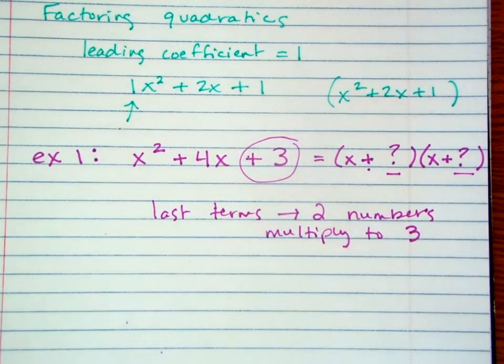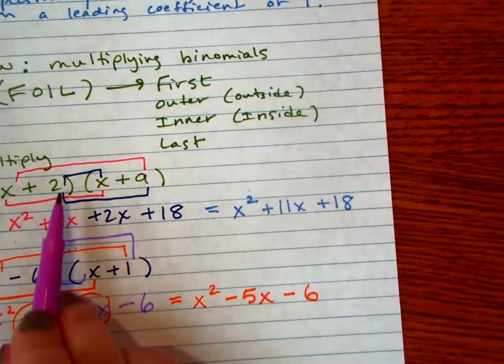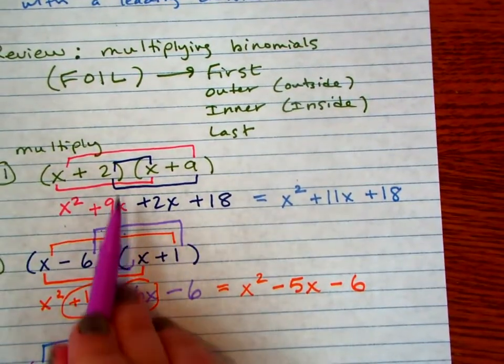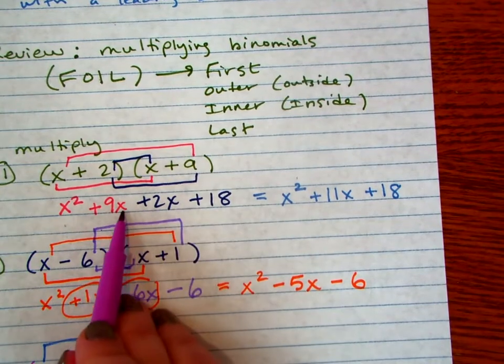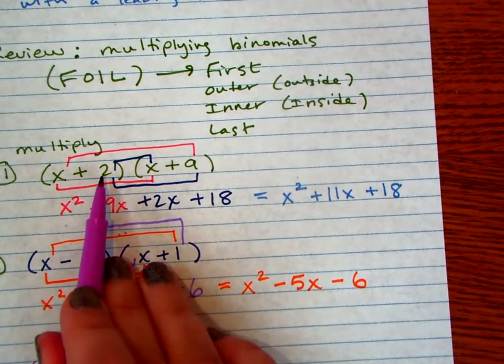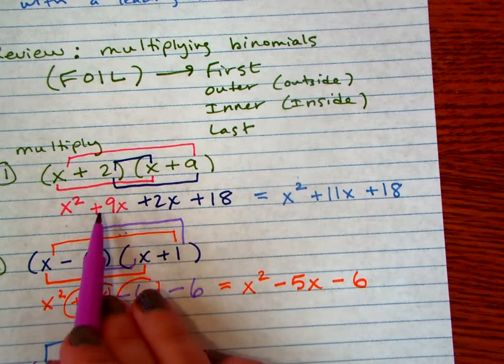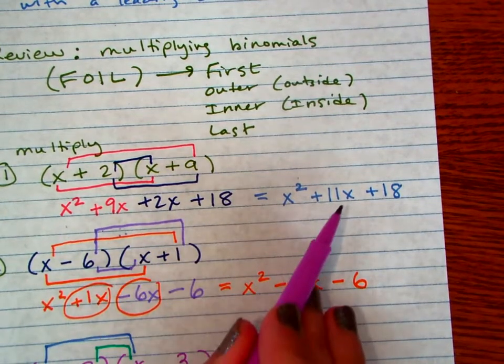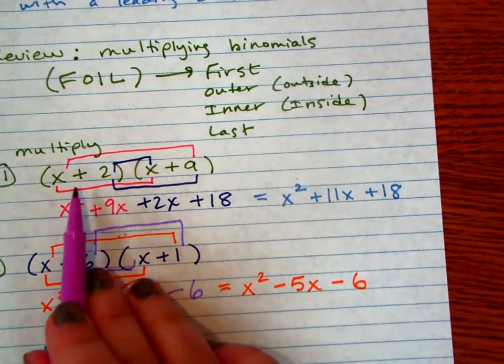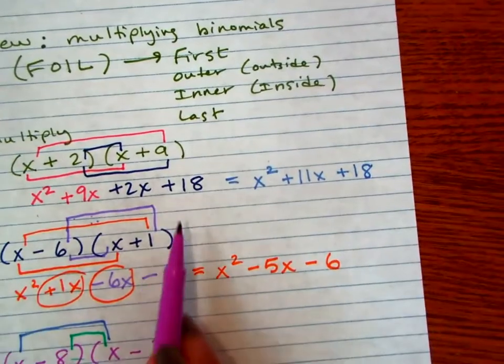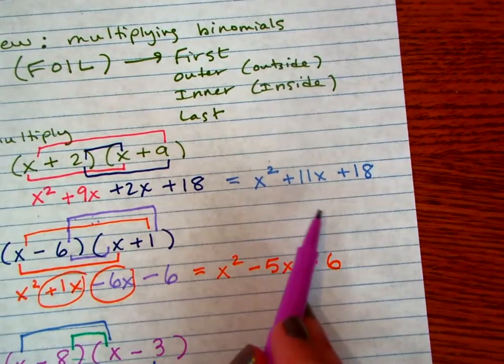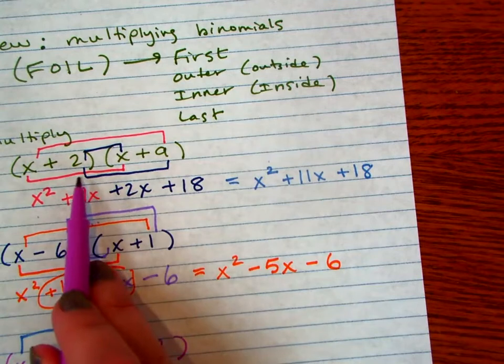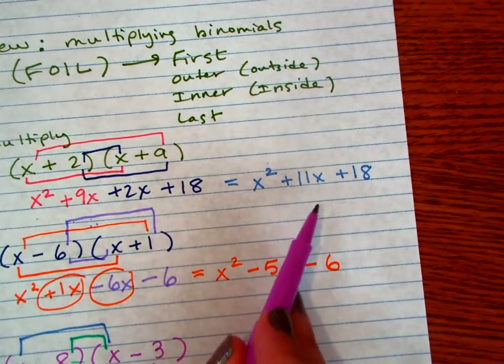So two numbers multiply to 3. And those same two numbers, because if you go back, that middle term was adding the 9x here and the 2x here, right? So those two numbers will have to add to that middle term. You notice 9 times 2 is that 18 here, and 9 plus 2 is that 11 here.